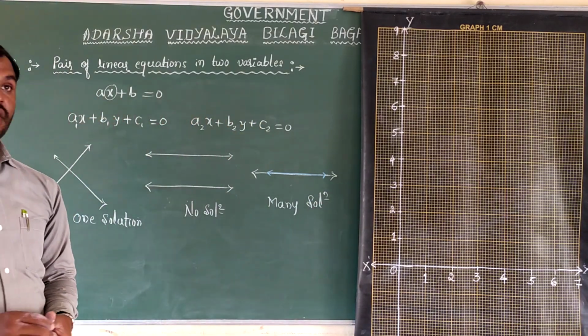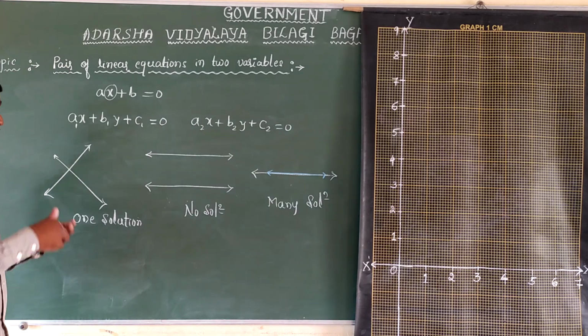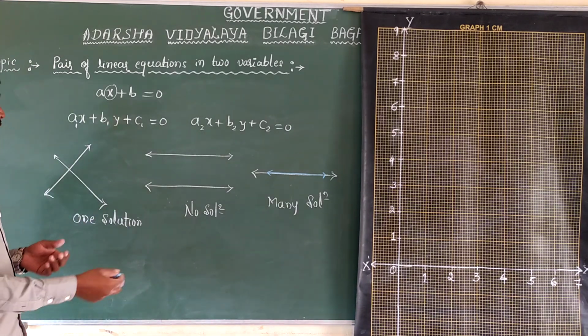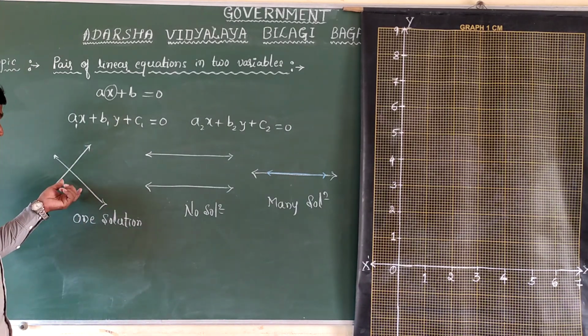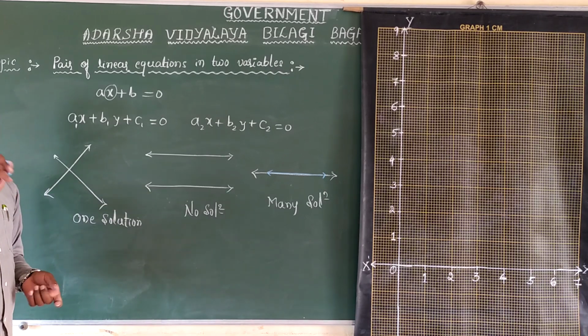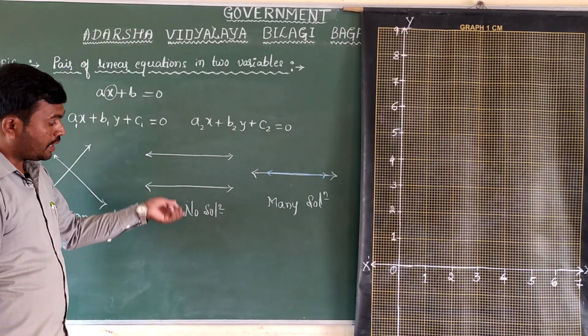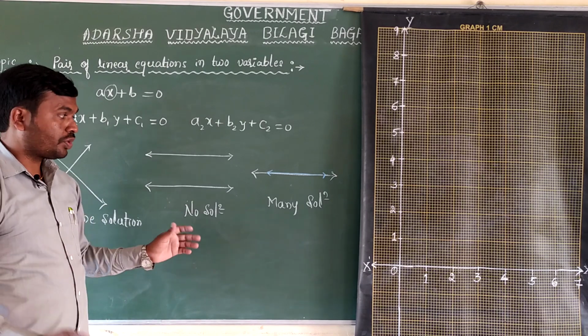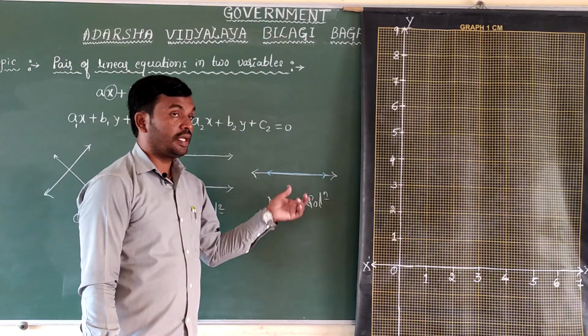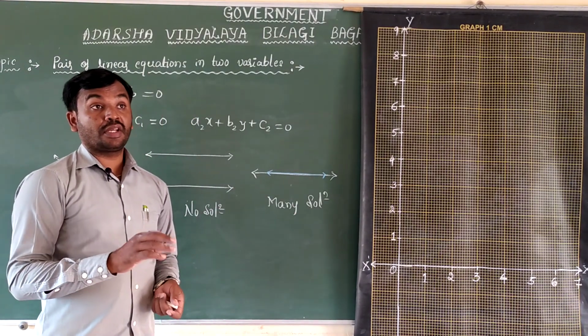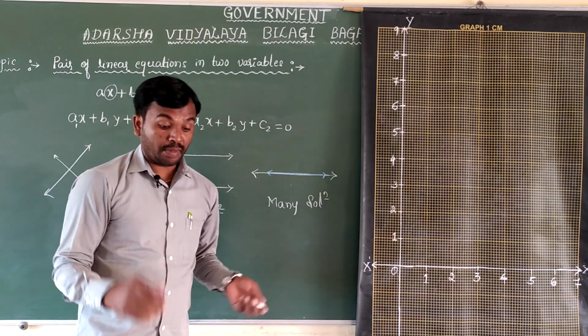If we draw them graphically, if both lines intersect each other, then we have only one solution. If both lines are parallel to each other, then no solution. If both lines coincide, then the pair of linear equations has infinitely many solutions.